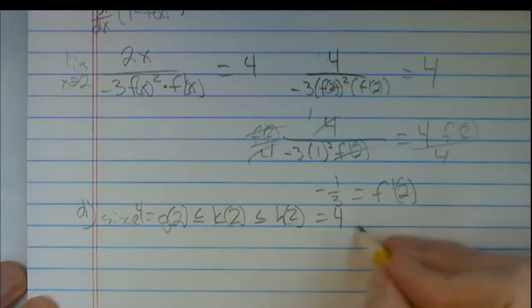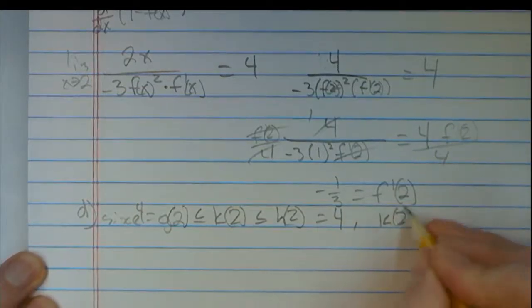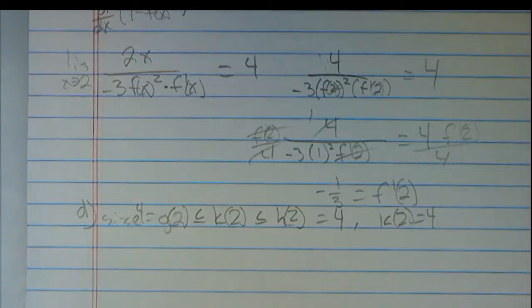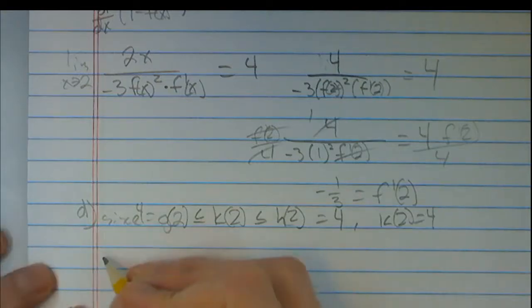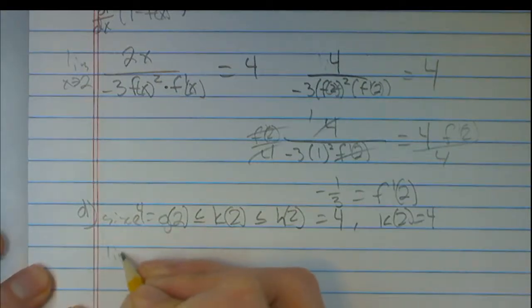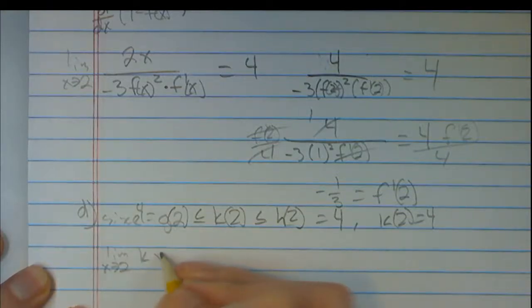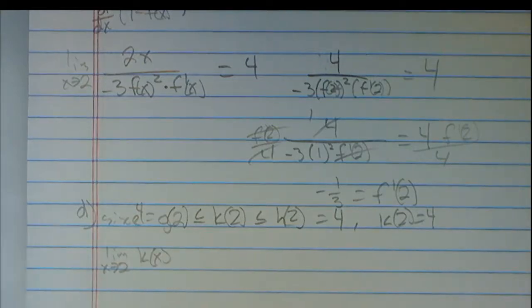Then k of 2 is equal to 4. Now, all we have to do is show that the limit as x approaches 2 is equal to 4. Alright.